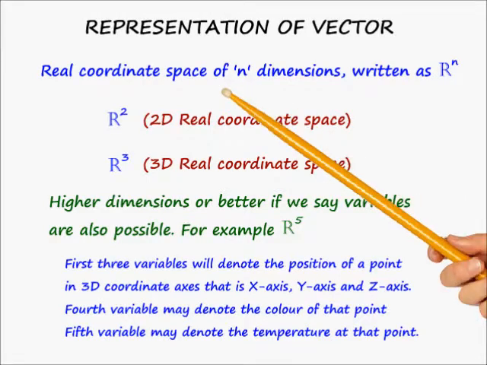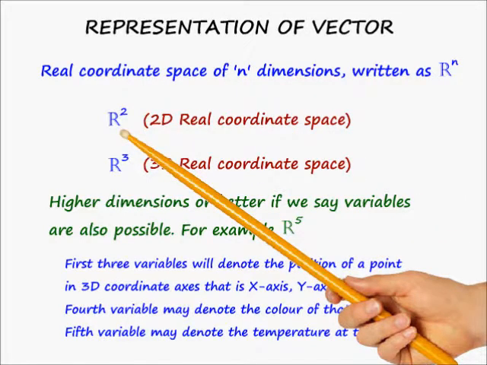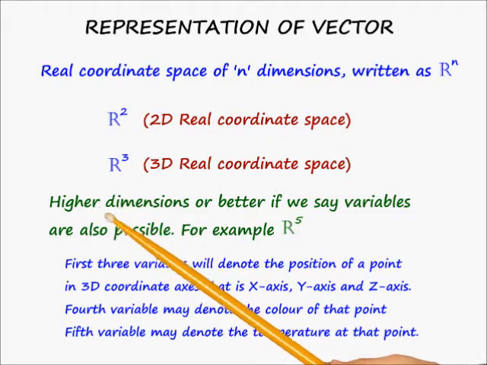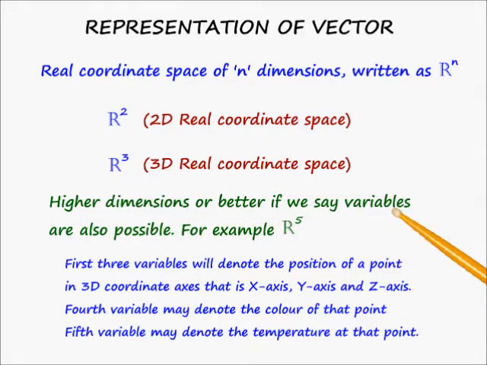Thus, this one is two-dimensional real coordinate space and this one is three-dimensional real coordinate space. And I'll represent the vectors in this three-dimensional coordinate space throughout the tutorial on vectors. Higher dimensions, or better if we say variables, are also possible.